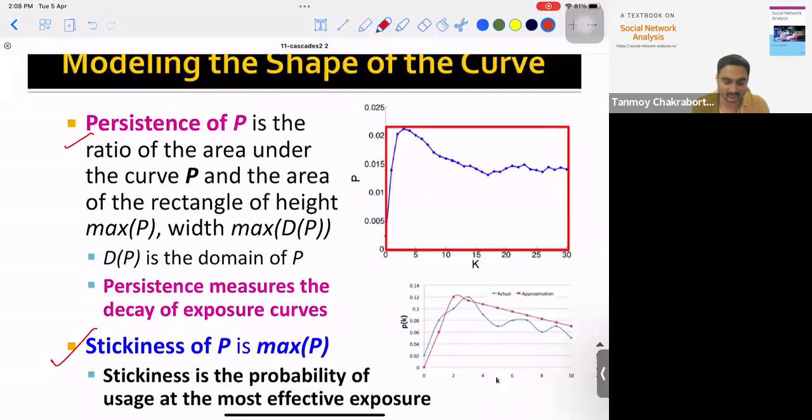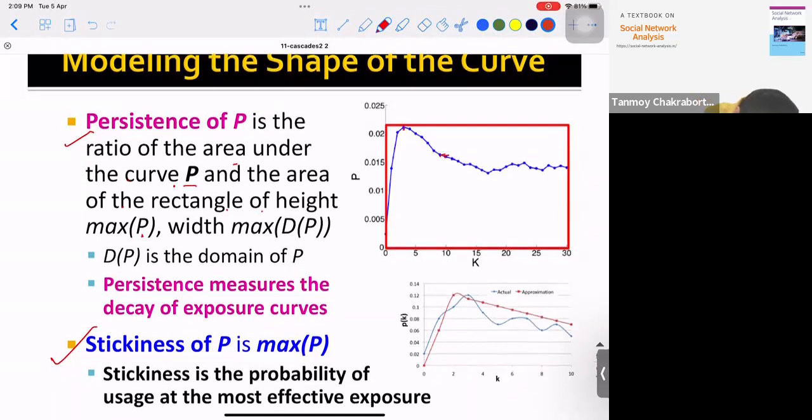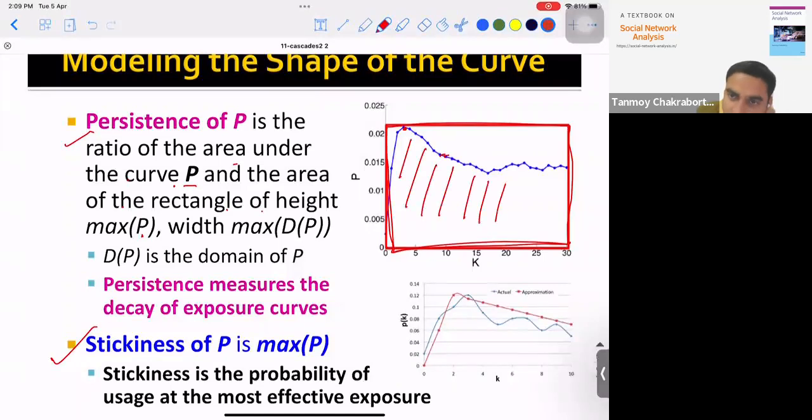Persistence is the ratio of the area under the curve P and the area of the rectangle of the highest max P. Meaning, if this is the maximum value in the curve, you draw a rectangle, and you measure the area of the rectangle and the area under this curve. And this is the ratio.